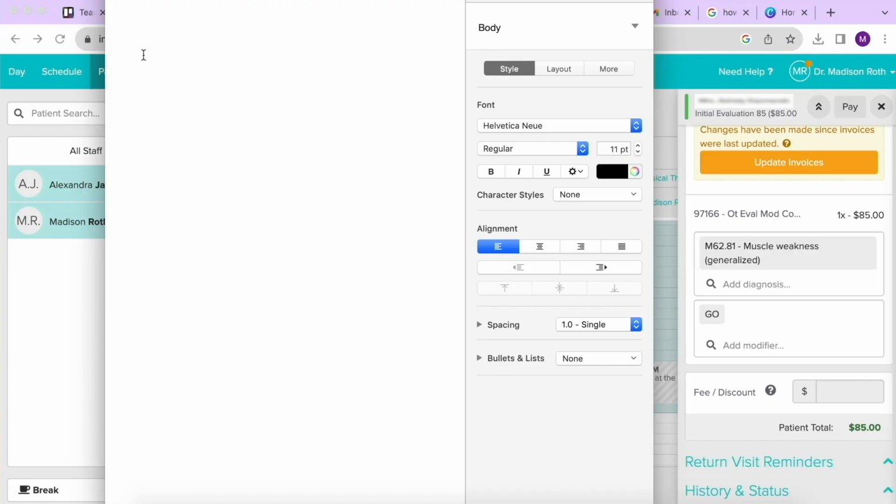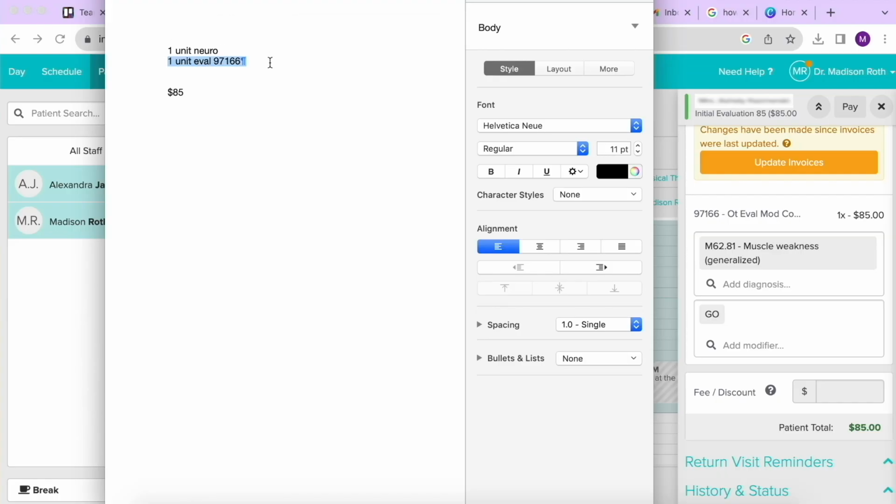Okay, so we always need the eval to equal 85. If she actually did 1 unit of neuro, and then the eval code is always 1 unit, code 97166, and we need it to equal $85.